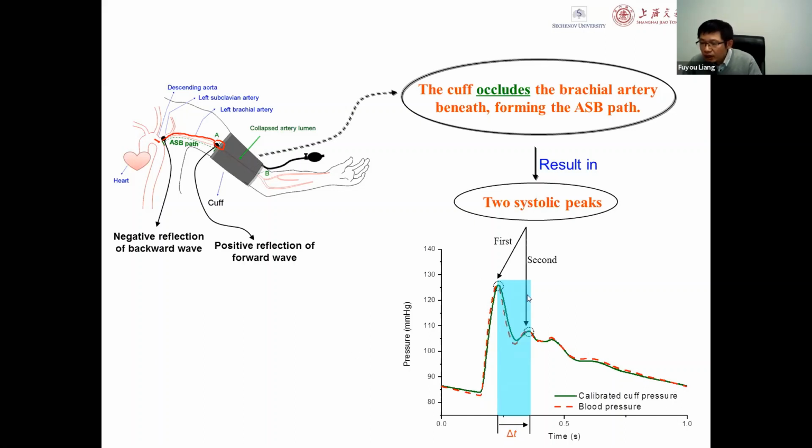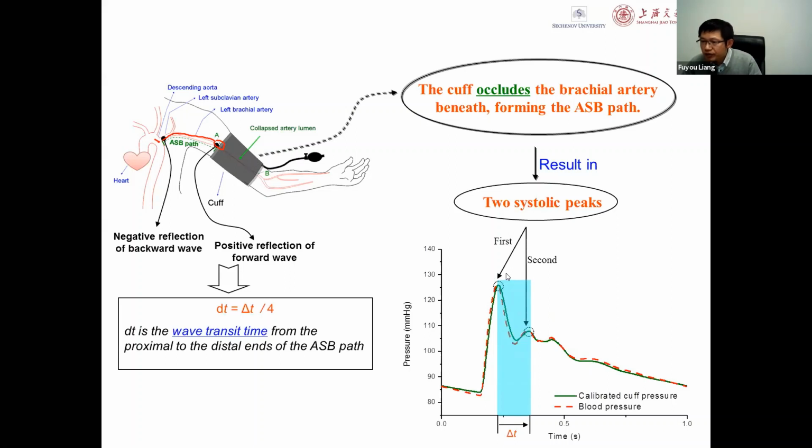On this pressure wave, we have two peaks during systole, the first peak and the second peak. And from the time difference between the first and second peak, we can estimate the wave transit time from the aorta to the proximal edge of the cuff using this equation.